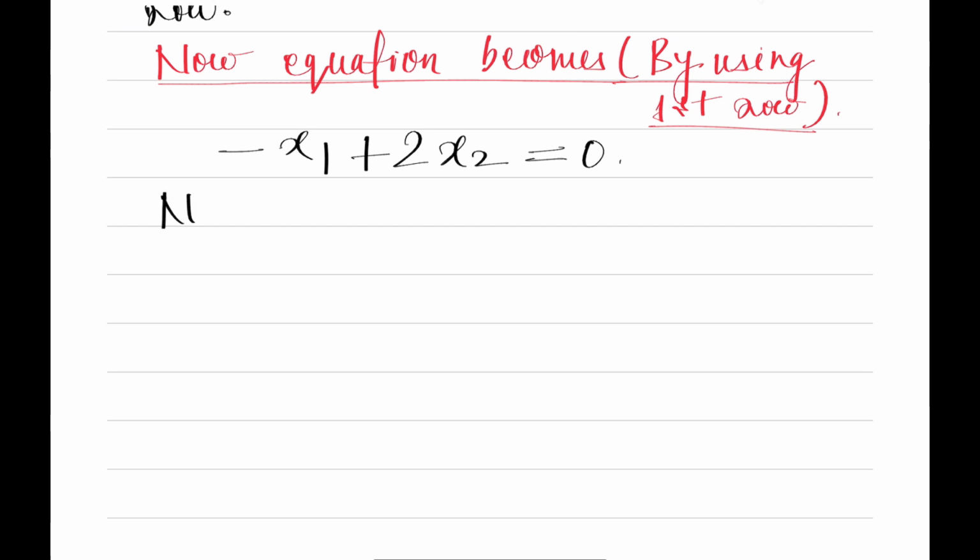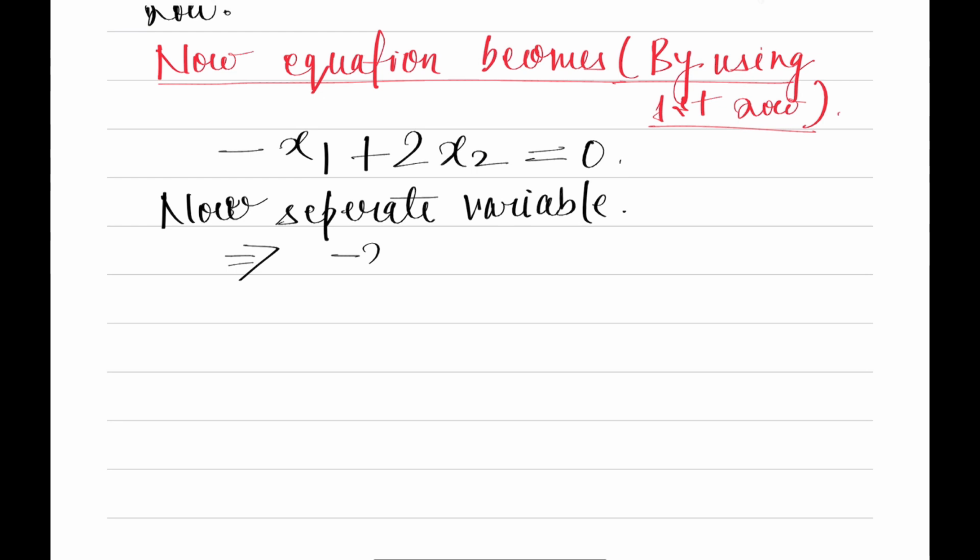Now we separate the variables. It will be minus x1 equals minus 2x2. It will become x1 by minus 2, which will be equal to x2 into minus 1.